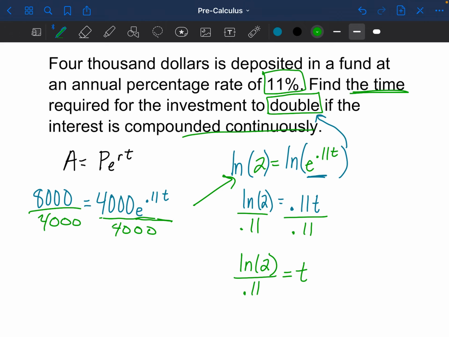So when we plug this into our calculator, we'll get that our time is about 6.3. And remember, t is always in years. So just by dropping this $4,000 into this account, 11% interest compounded continuously, it's going to take 6.3 years, not even touching it at all, for it to double. Pretty neat.